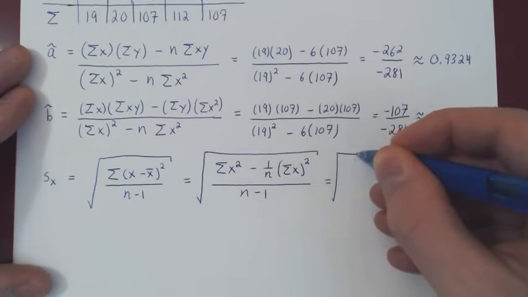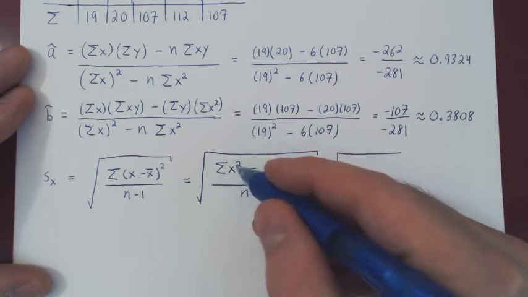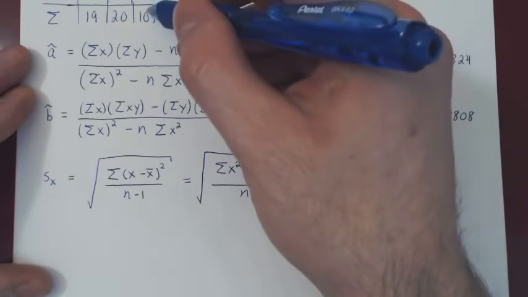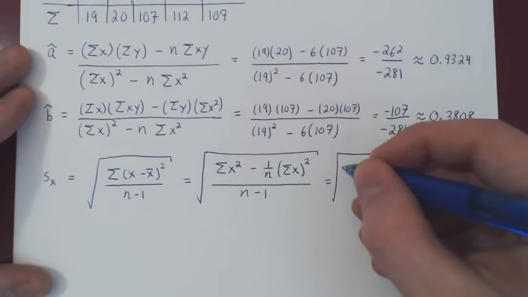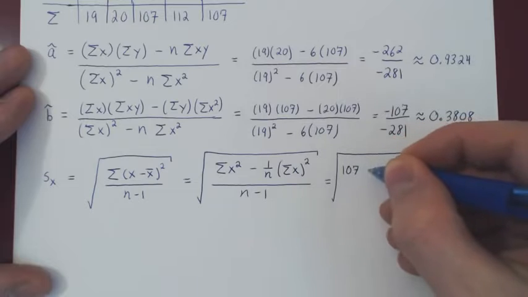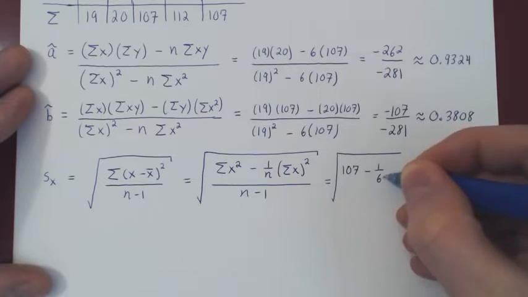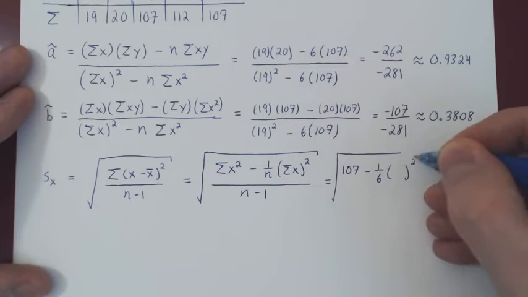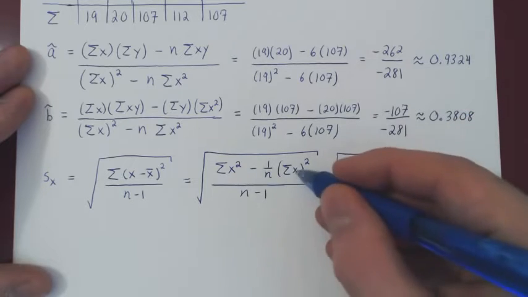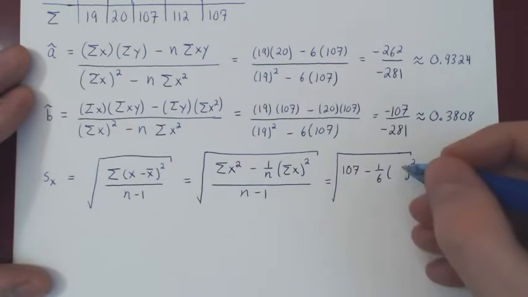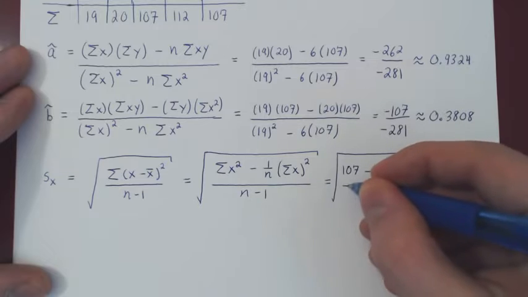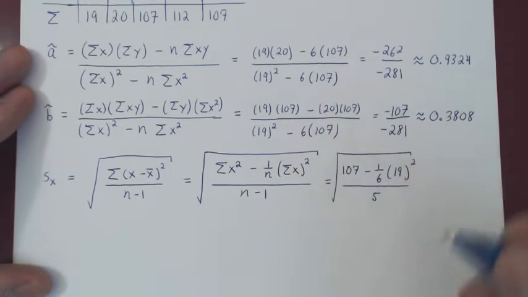Square root of the sum of the x's squared, that was the result of our third column, 107, minus 1 over n, 1 over 6, sum of the x's squared, this is the result of our first column, 19, over 6 minus 1, which is of course 5.